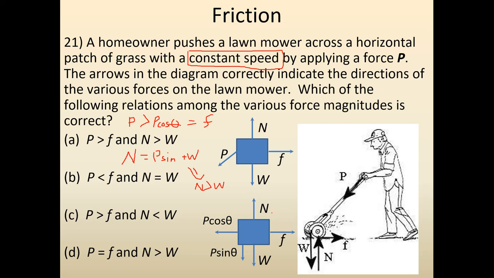And the normal force now has to balance both the weight pulling down, but also your additional force pushing down on it. So from here, I get that P has to be greater than F, and N has to be greater than W. So choice A is my answer.